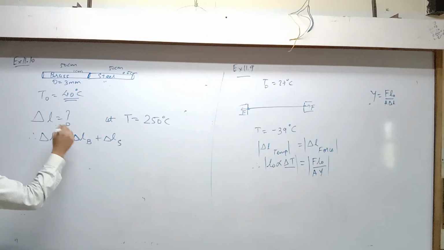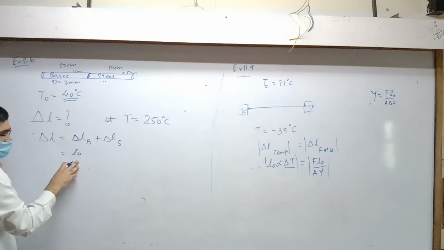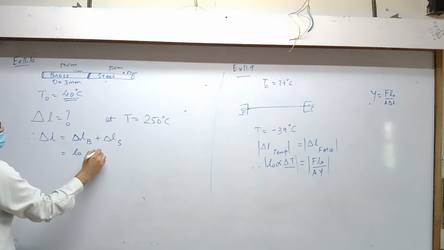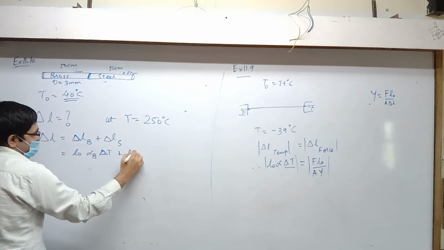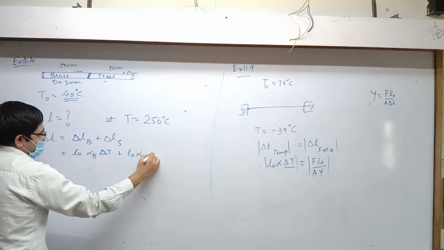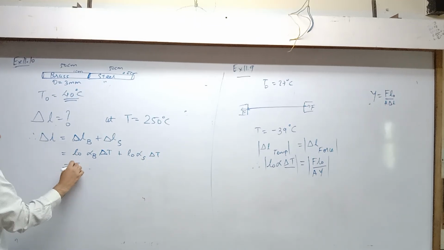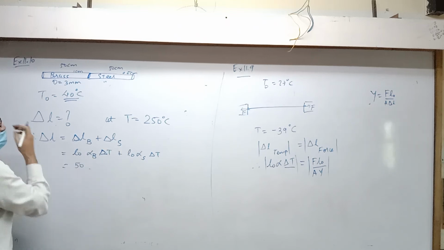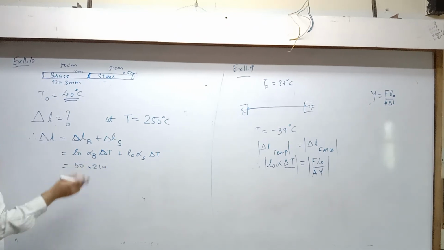Okay. Delta L will be L0, and L0 is the same for both, so using only one. Alpha of B into delta T plus L0 alpha of S into delta T. So L0 is common, what is L0? 50. Delta T is common, what is delta T? 210 degrees.